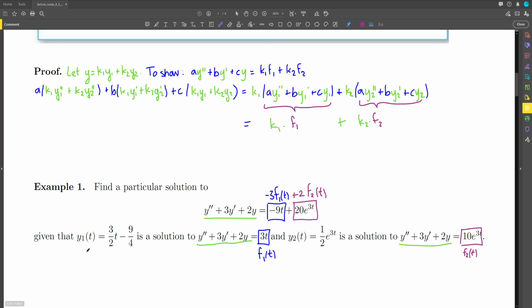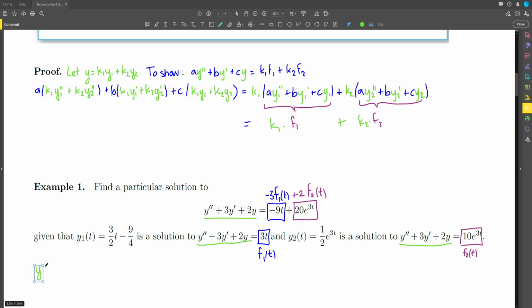So now we want to combine these two functions, y1 and y2, to get the solution.